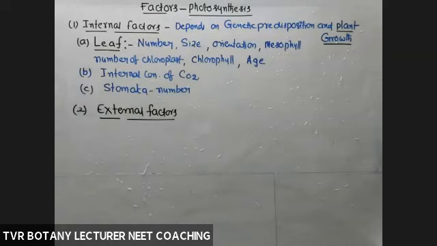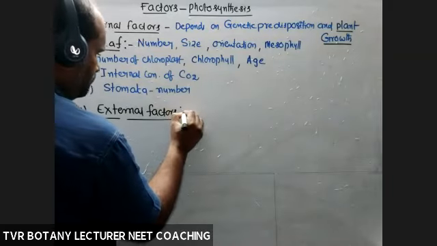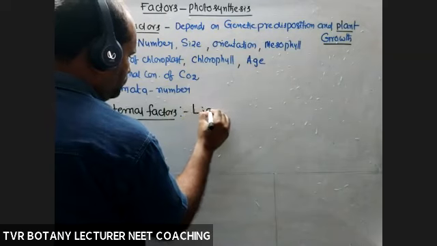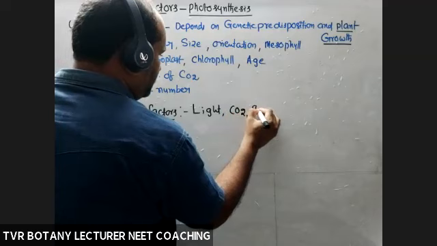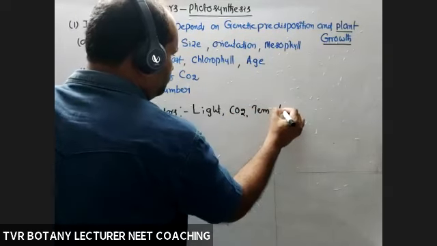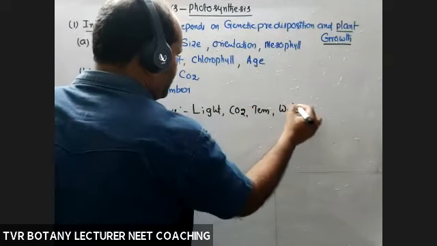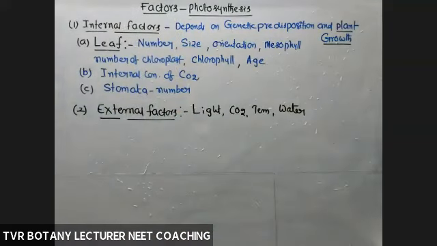Light, temperature, external CO2 concentration, and water to some extent. So all these are the factors which are able to decide a rate of photosynthesis. All these factors must be at an optimum concentration, then only maximum photosynthetic yield is possible.